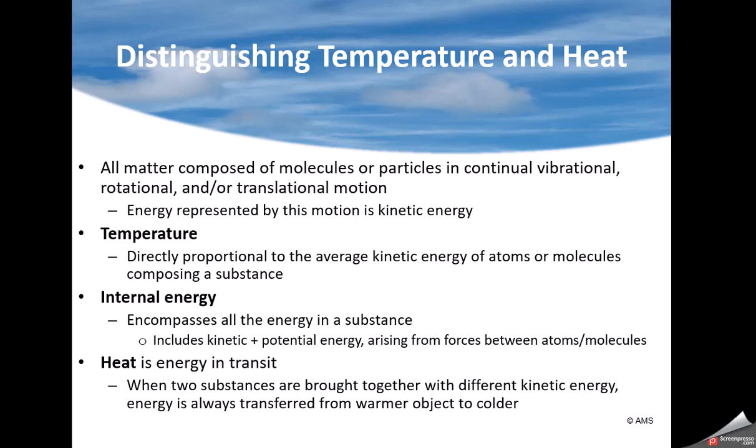The temperature is directly proportional to kinetic energy. So in other words, if the air is 110 degrees, those molecules are moving crazily. If the air is minus 20, they're not moving so much. So that's all it is. Temperature is just directly proportional to that.